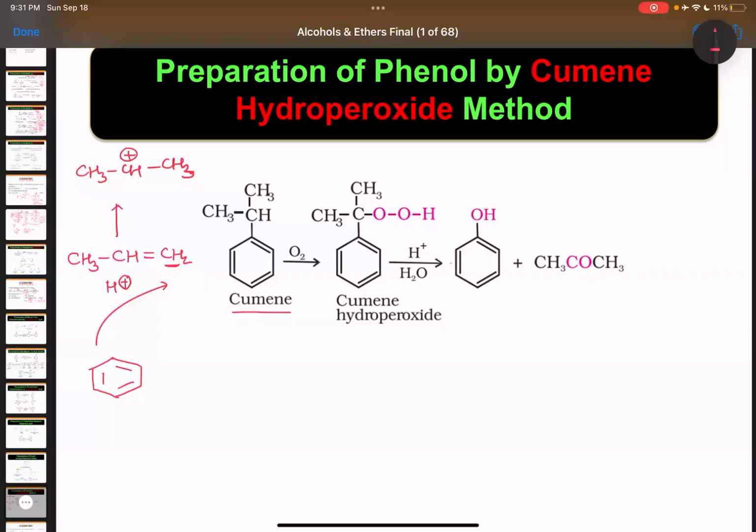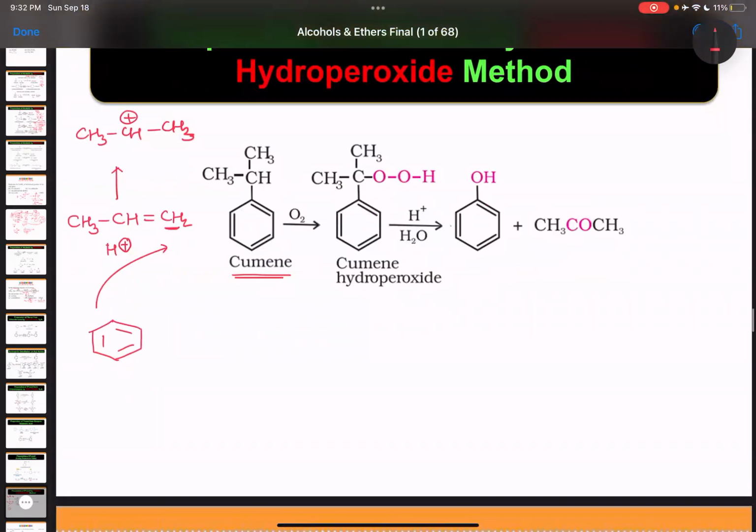And this cation is going to go and join itself to the benzene ring. So you are going to end up with cumene. Okay. Or there is another method also. You can take isopropyl chloride and AlCl3. That is also Friedel-Crafts alkylation.